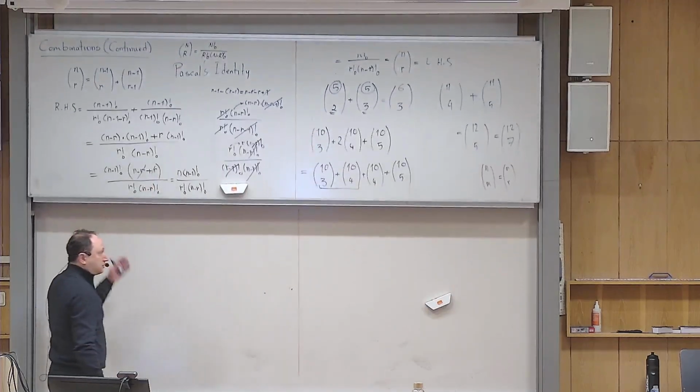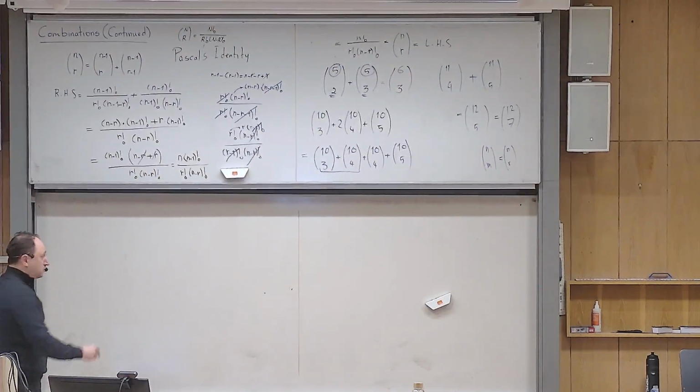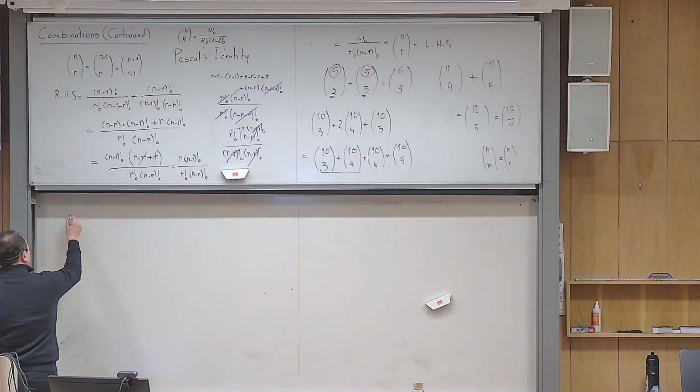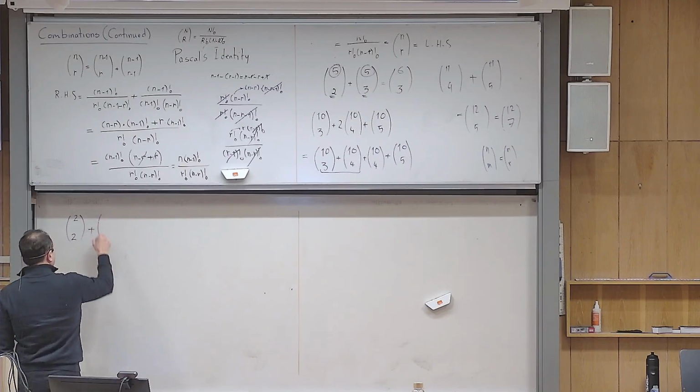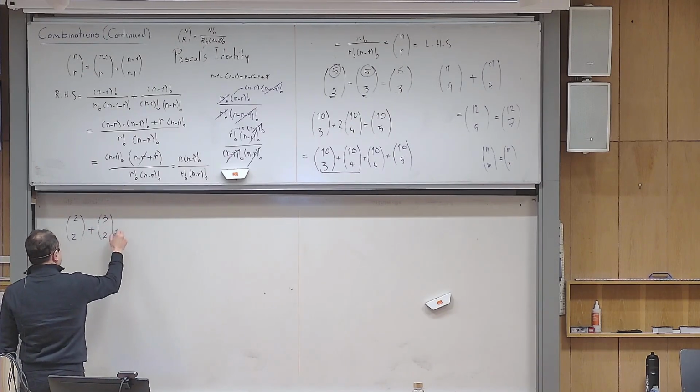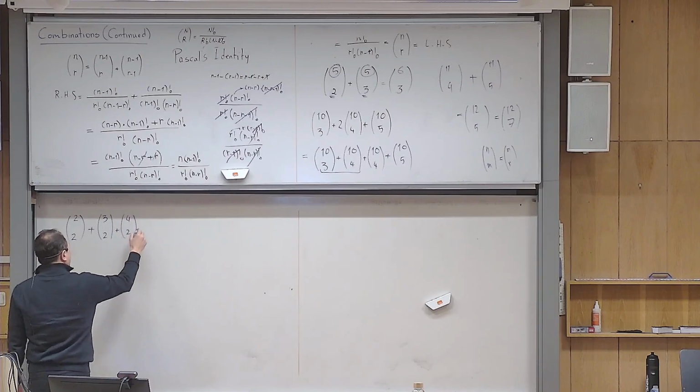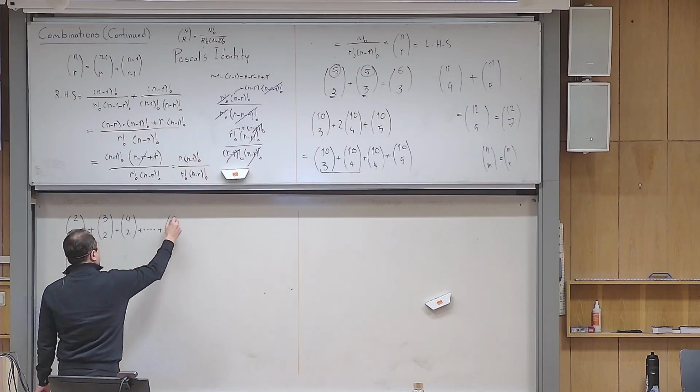but another problem, let me just write a little bit more interesting one. This is not exactly Pascal identity. You need to do some engineering to make it a Pascal identity. So 2 choose 2, 3 choose 2, 4 choose 2, and then we continue up to 100 choose 2.